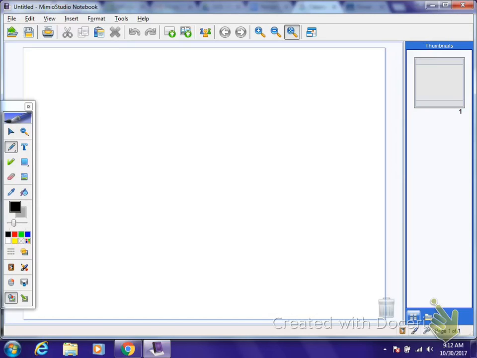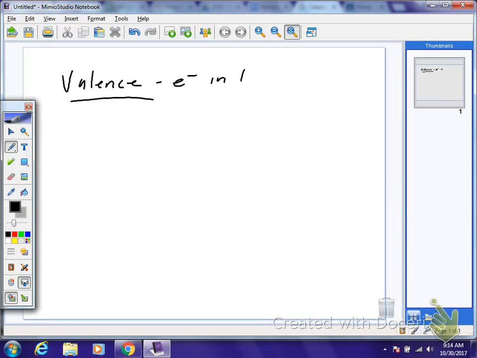When we talk about valence electrons, I'll let you guys tell me what they are, because it says what they are. So what are valence electrons? Electrons in the outermost energy level. So it's the electrons in the outermost energy level.